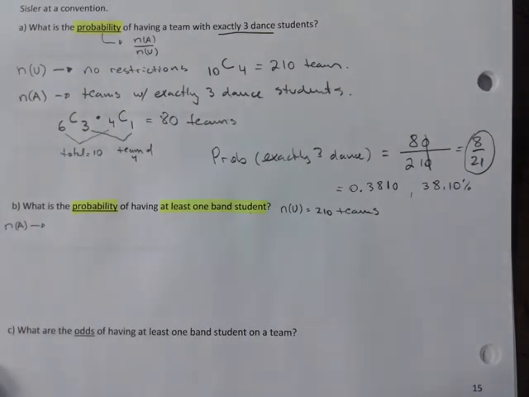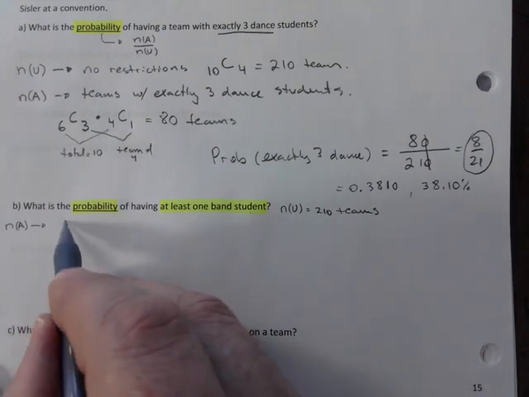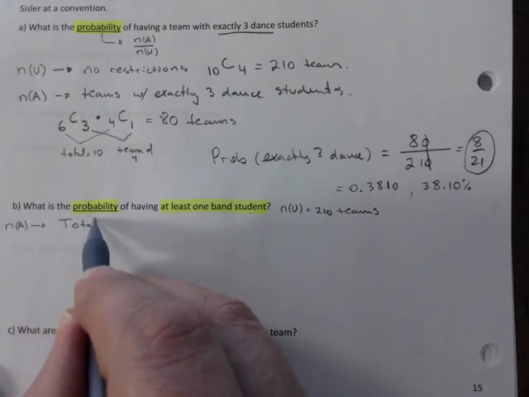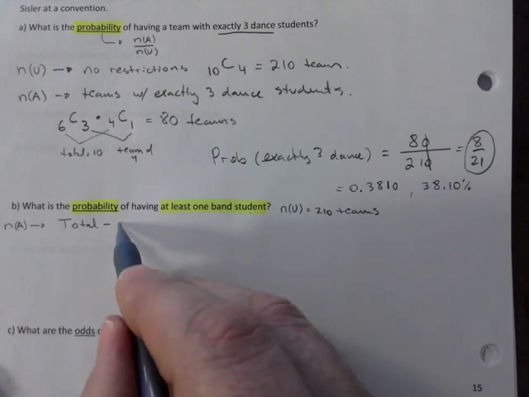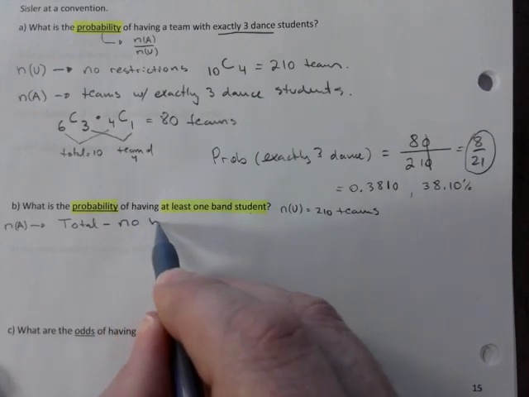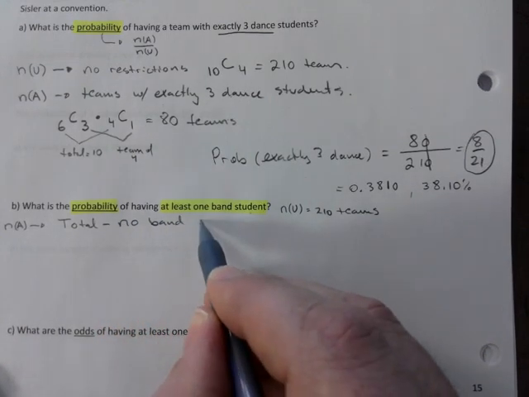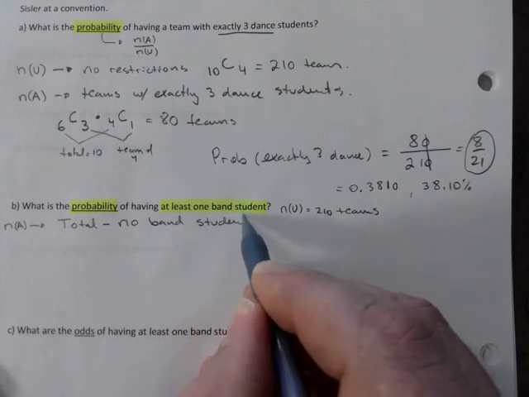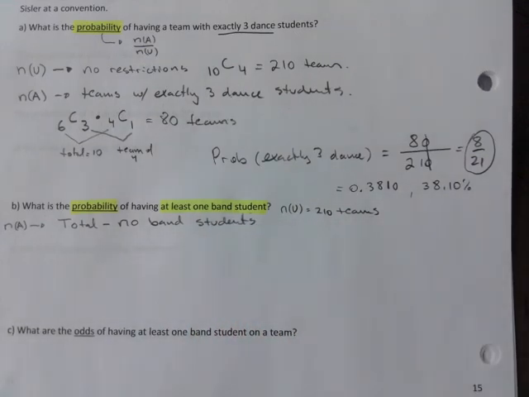How would you do that in this case? If it says at least one band student, indirect reasoning, does that ring a bell? We're going to go total minus no band students. That's how I'm going to find it.